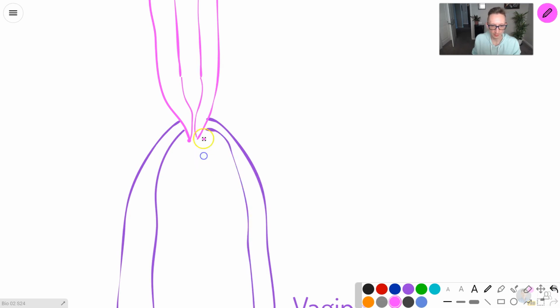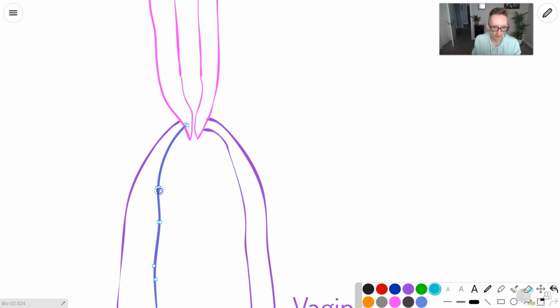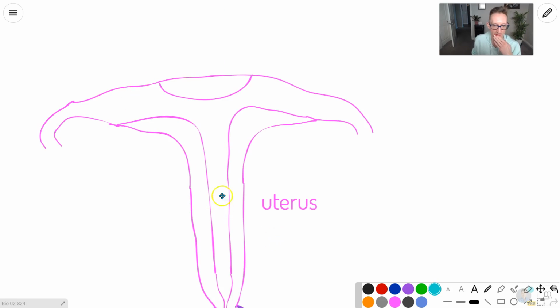The cervix kind of comes down a little bit into the vagina. And then this would be the fornix here. This whole thing is the cervix. And there's actually a little mucus plug in there, like right here, usually, to prevent anything from getting up into the uterus. And it especially plugs up when fertilization occurs, and then the baby is implanted into the uterine wall.